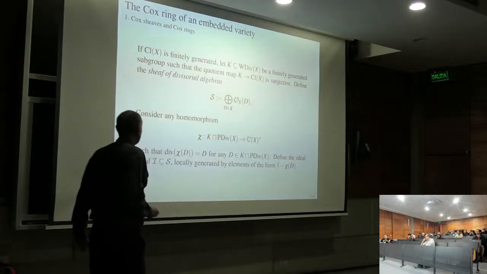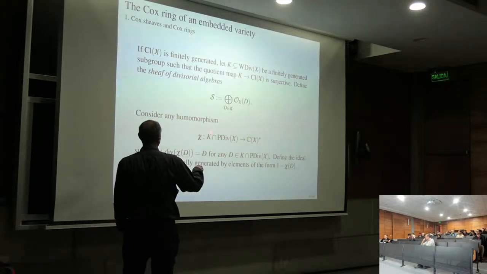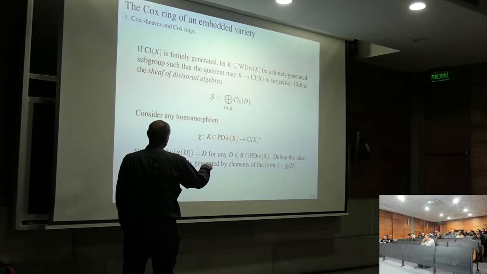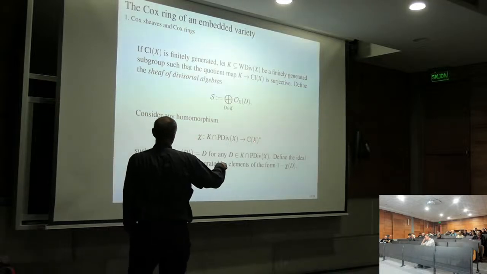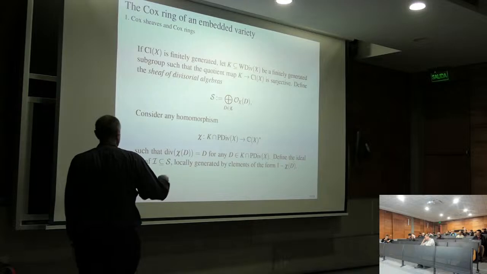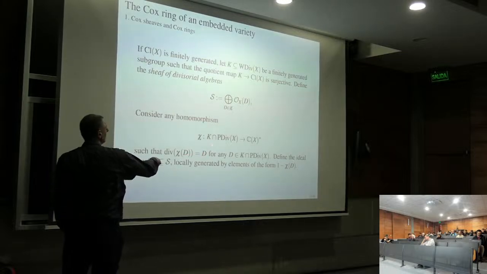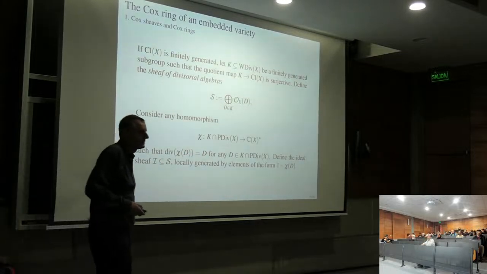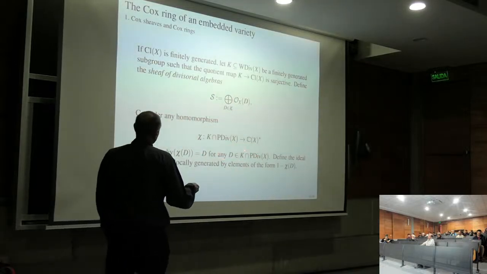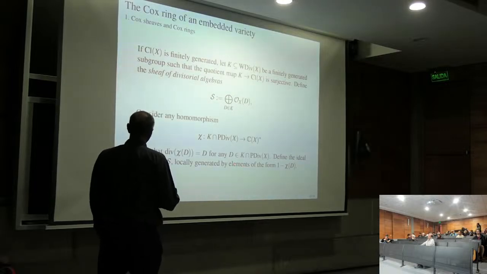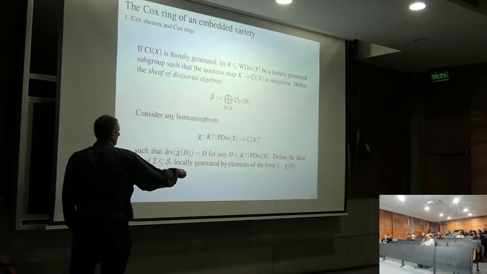Concretely, you choose a homomorphism from the subgroup K, consisting of principal divisors inside K, to non-zero rational functions, in such a way that when you take the divisor of the rational function, you get the original D. So you want an f such that div of f is the original D. Then for each D in this subgroup, you define an ideal sheaf of this sheaf of divisorial algebras, which is locally generated by elements of this form.